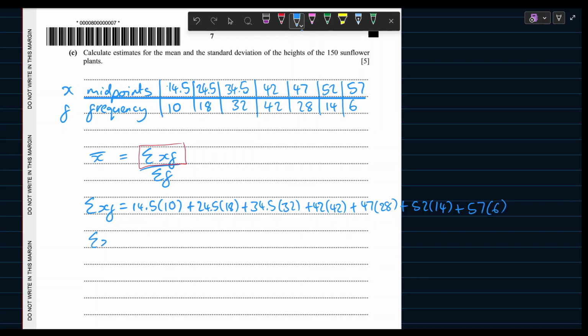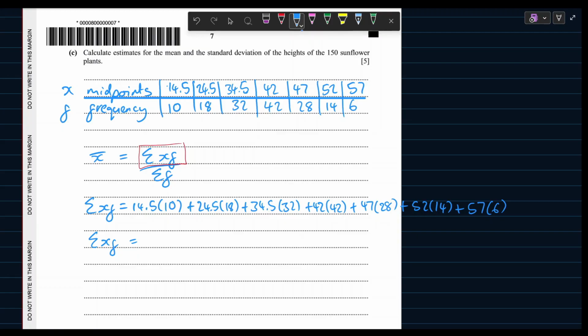And so the summation of xf is equal to 14.5 times 10 plus 24.5 times 18 plus 34.5 times 32 plus 42 times 42 plus 47 times 28 plus 52 times 14 plus 57 times 6.